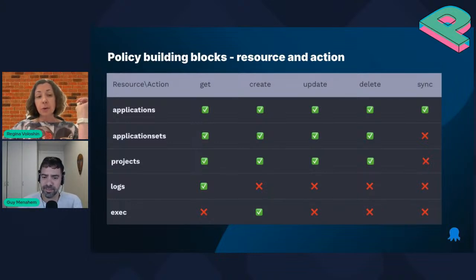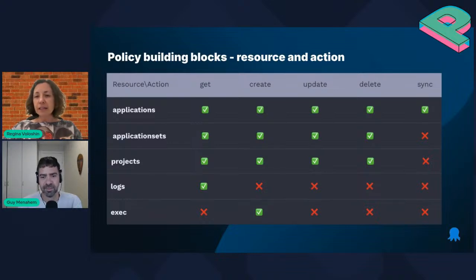For logs, we're talking about the ability to see in the UI the logs of a container. So semantically, this is treated as a get action. But when we're talking about an exec, it's a little different. This is the ability to exec into a running container and to potentially perform some kind of action inside of it. And so this is treated as a create action from a semantic point of view.